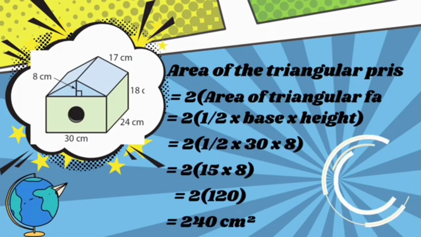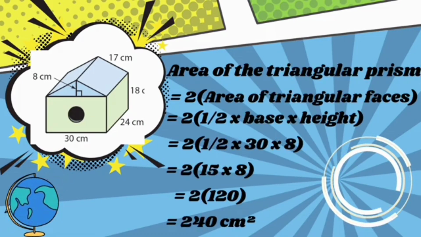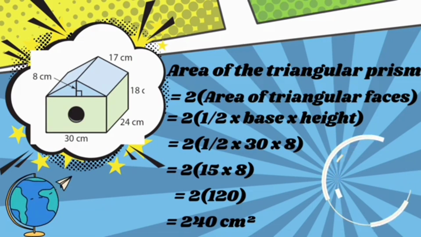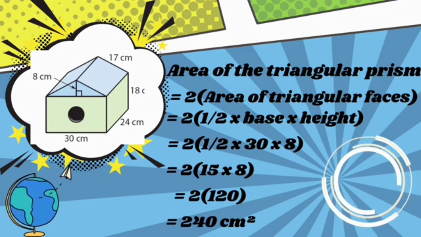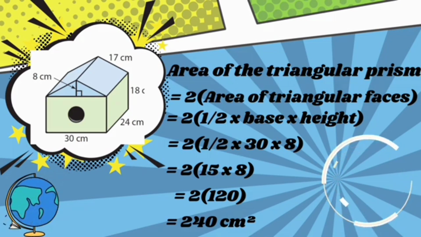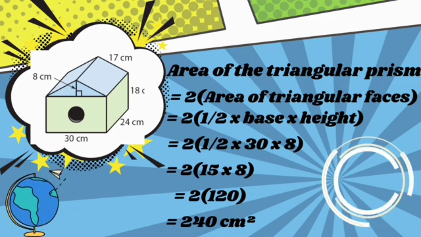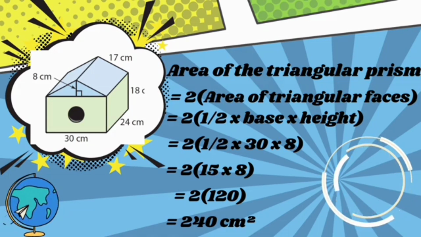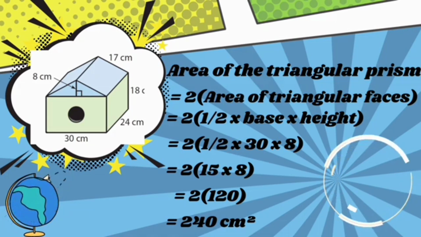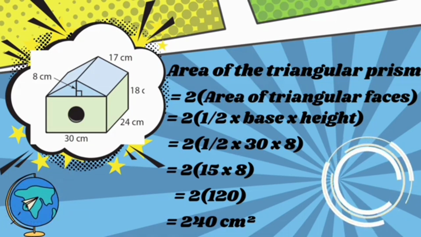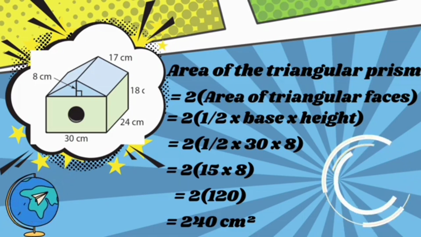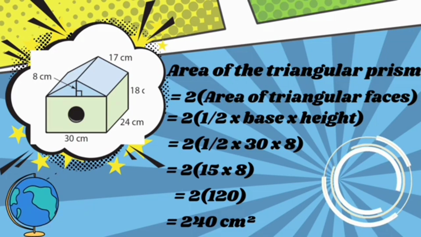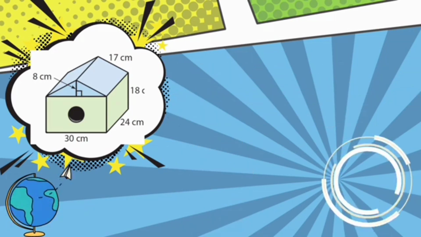To calculate the area of the triangular prism, let's first of all calculate the area of the two triangular faces. The formula is 2 times half base times height. The base of the triangular faces is 30 centimeters and the height is 8 centimeters. From calculation, the area of the two triangular faces is 240 centimeters squared.